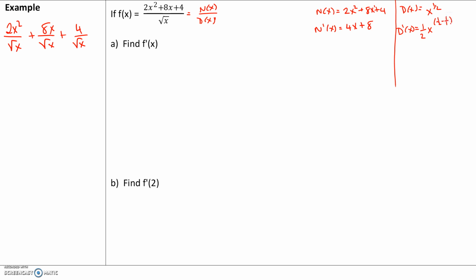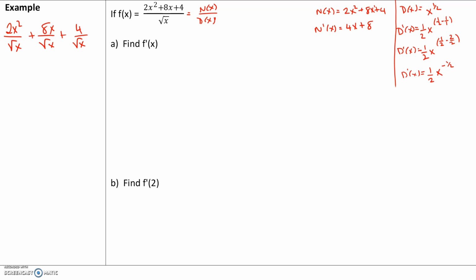We always subtract 1 from the original exponent, so because this is a fraction, I wrote that as 1 over 1. So this is 1/2 x raised to the 1/2 minus 2 over 2 to get a common denominator. So d prime of x is equal to 1/2 x to the negative 1/2.